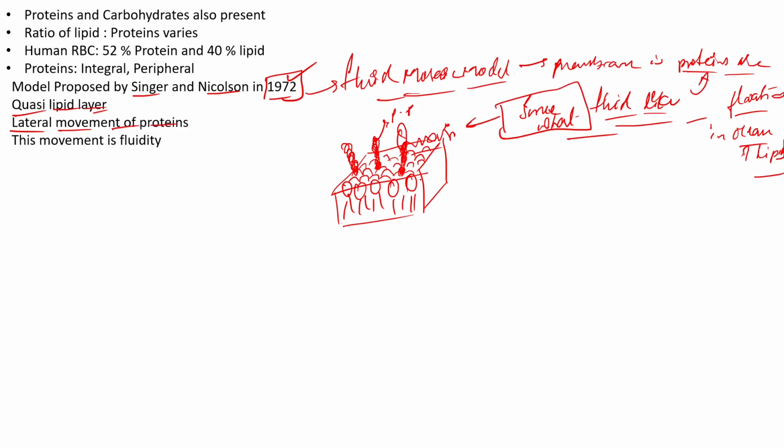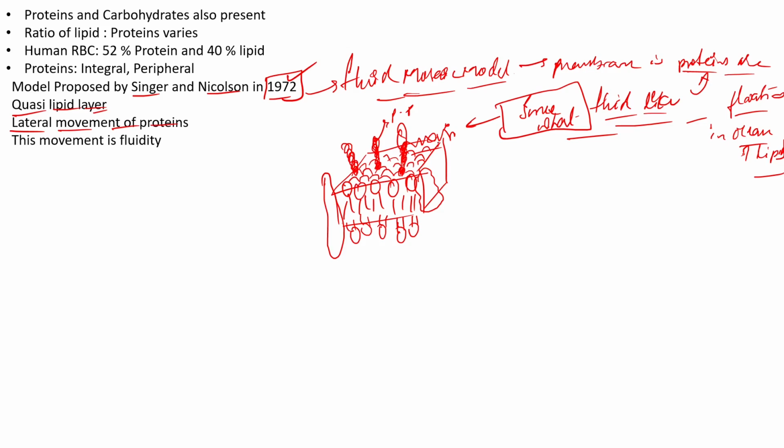The integral proteins are mainly buried inside the lipid bilayer. In some cases, you may also find one more type called the transmembrane, meaning completely passing through the lipid bilayer.